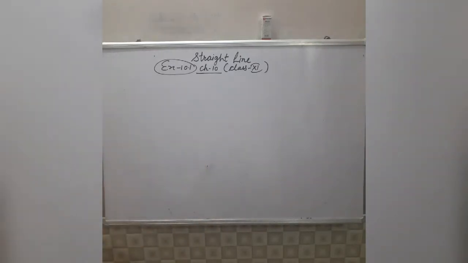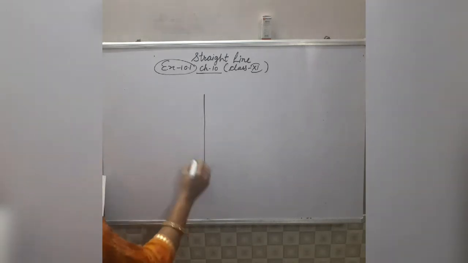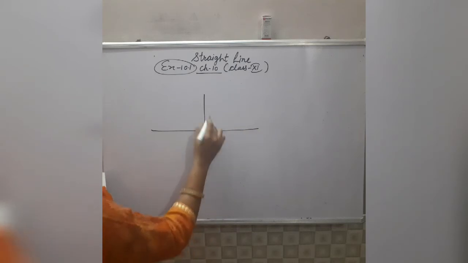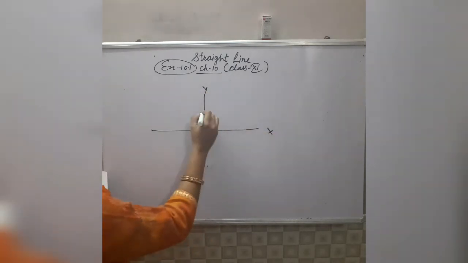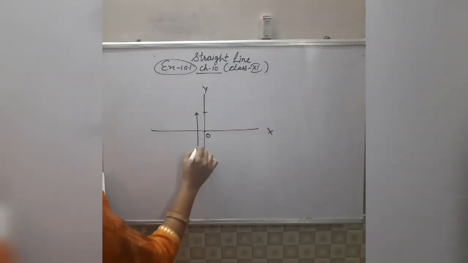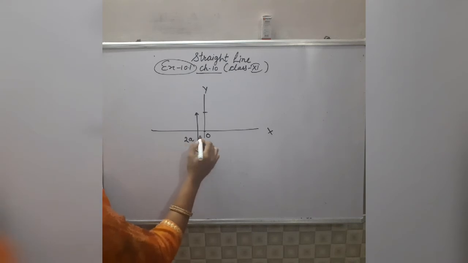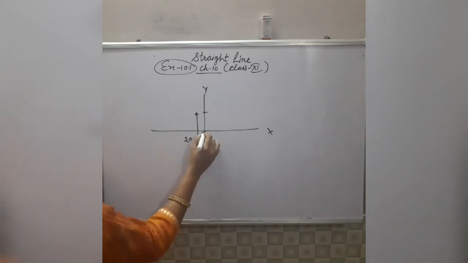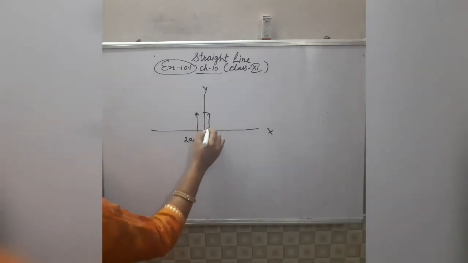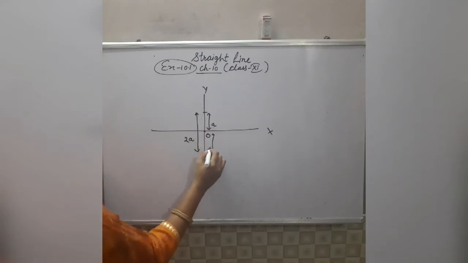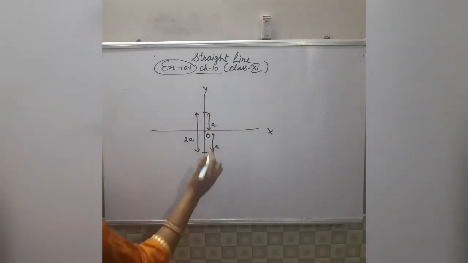Now see question number 2. In the second question, the base of an equilateral triangle with side 2a lies along the y-axis such that the midpoint of the base is at the origin. Let us suppose this is the origin, this is the y-axis, and we have an equilateral triangle, and the base of this equilateral triangle is 2a such that the midpoint of the base is at the origin, means this length is a and this is also a, a plus a becomes 2a.